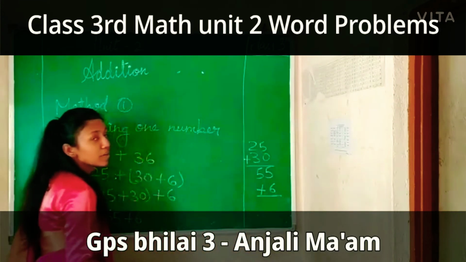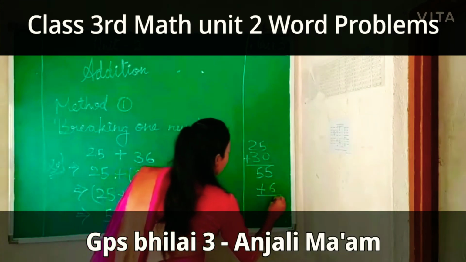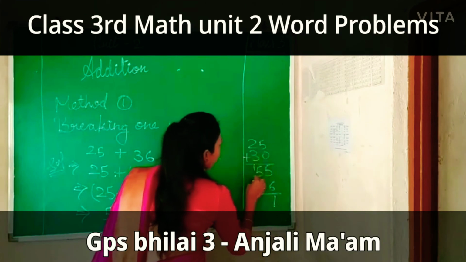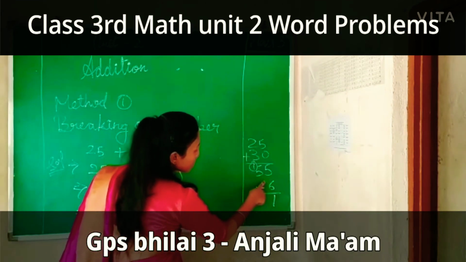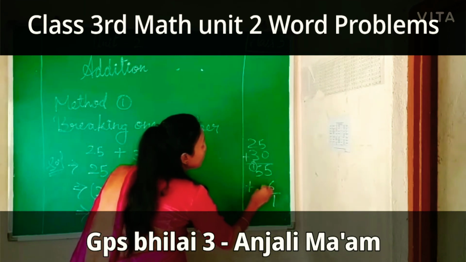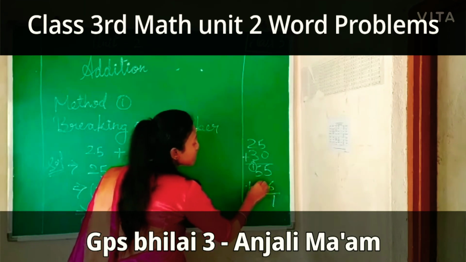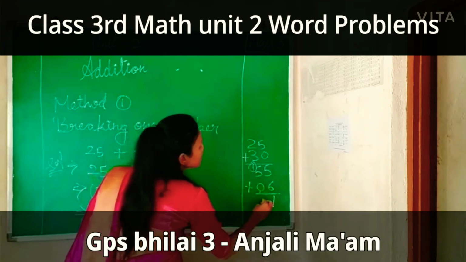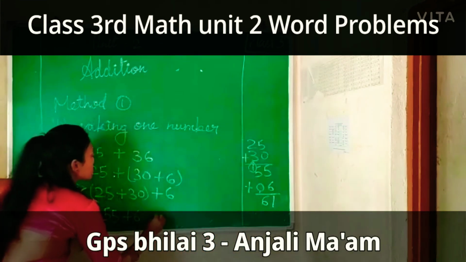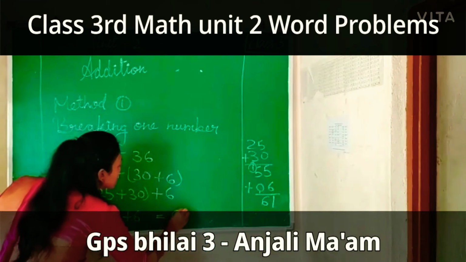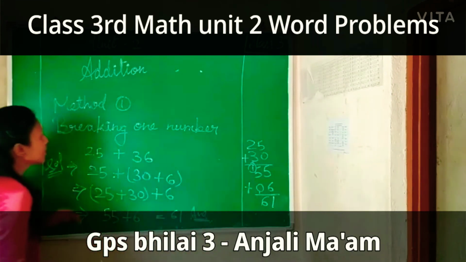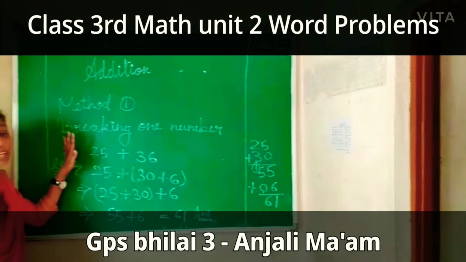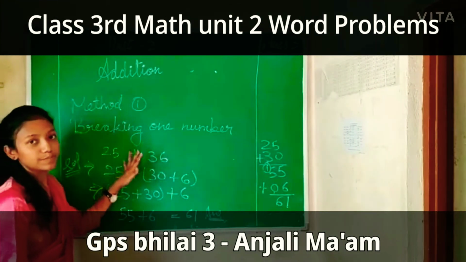Then 5 plus 6, how much? 11. Then carry 1. Here there is nothing, so we can consider it as 0. Then 5 plus 1 is 6. So the sum of these numbers is 61. This is your answer. This is the first method, that is breaking one number.